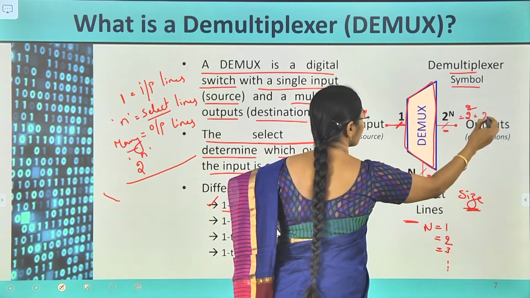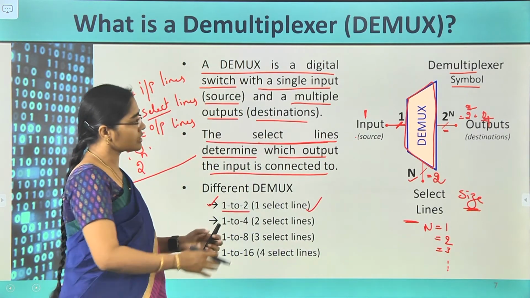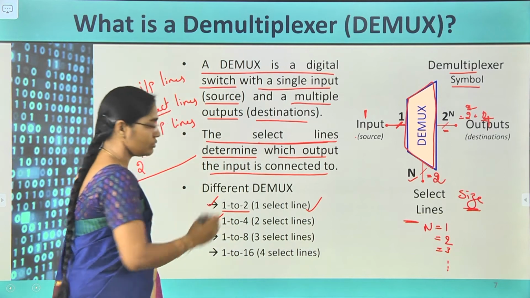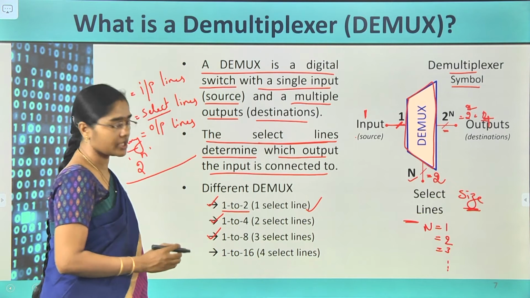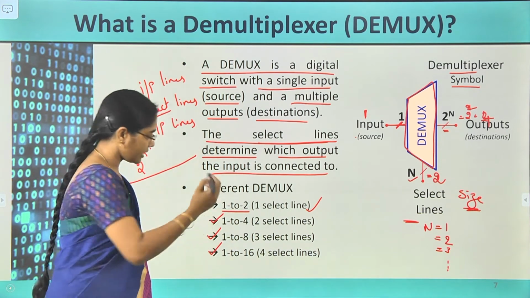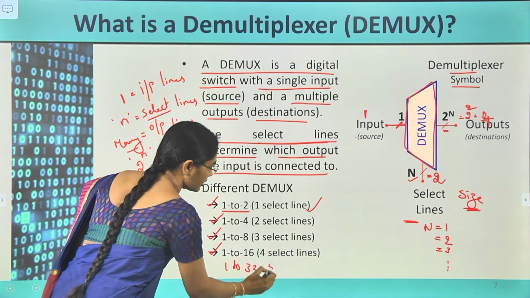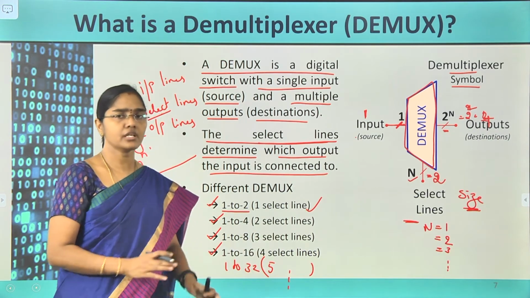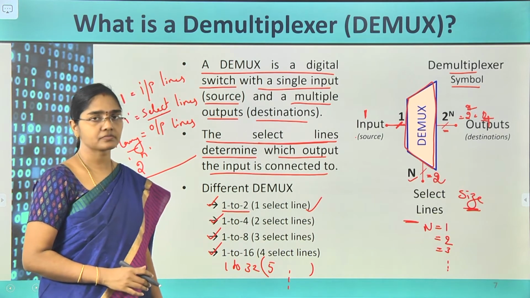Now 2 power 2 becomes 4. If n is equal to 2, then that demultiplexer size is 1 to 4. Similarly, if n is equal to 3, 1 to 8. If n is equal to 4, 1 to 16. If n is equal to 5, 1 to 32 and so on. We can have any size of the demultiplexer depending upon the selection lines.